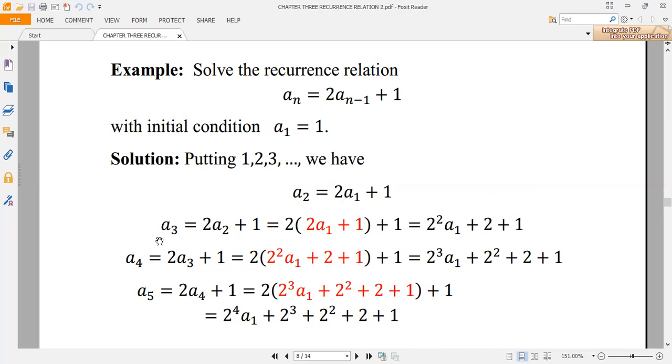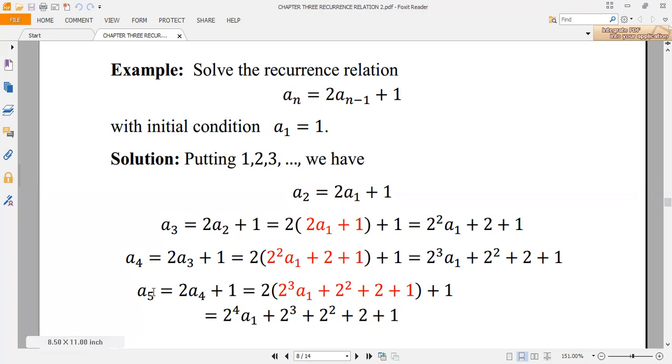So a4 will be 2 a3 plus 1, which is 2 times a3, that is 2 times (2 squared a1 plus 2 plus 1), plus 1, which equals 2 cubed a1 plus 2 squared plus 2 plus 1.